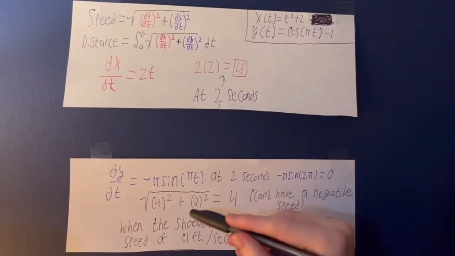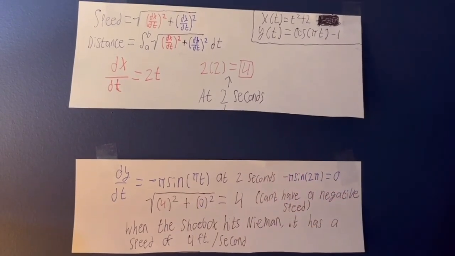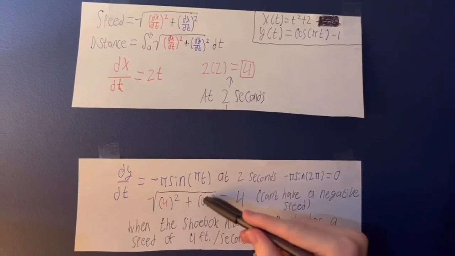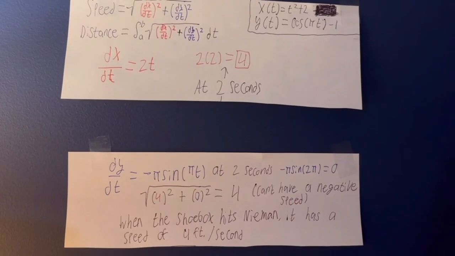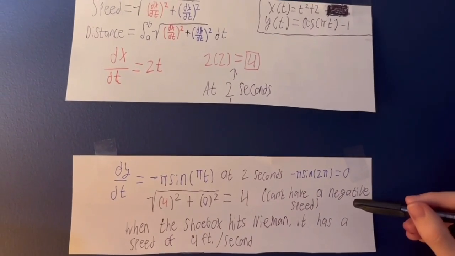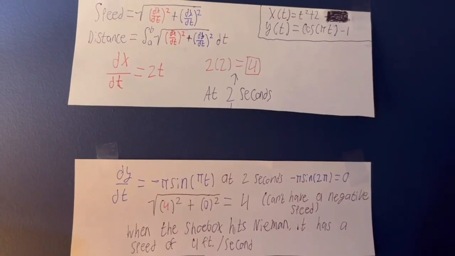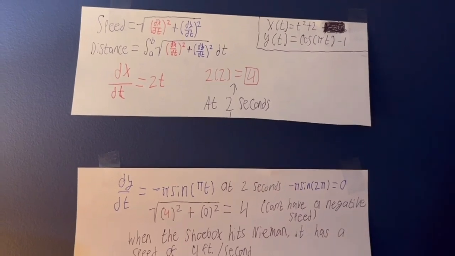So now you take the square root of these values squared: 4 squared is 16, plus 0. The square root of 16 is 4. It would be plus or minus 4, but you can't have a negative speed, because speed doesn't indicate direction, that would be velocity. So when the shoebox hits Neiman, it has a speed of 4 feet per second.